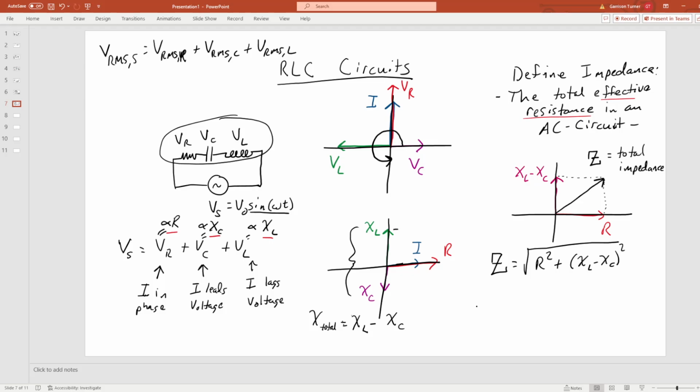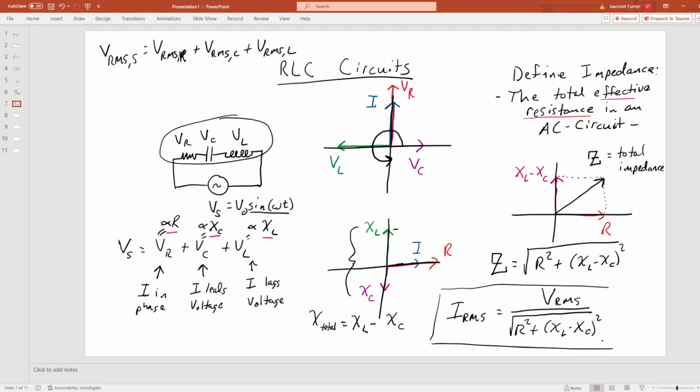And by that same token, therefore, your RMS current in this circuit can be found by taking your RMS voltage and dividing it by Z. And so, as a result, this is just Ohm's law applied to this total circuit.